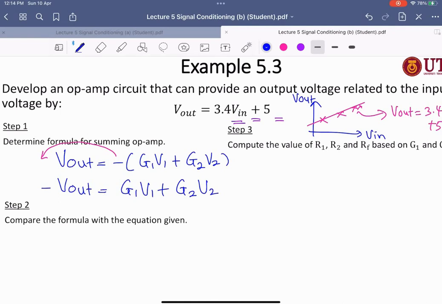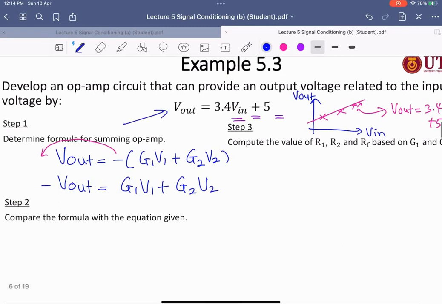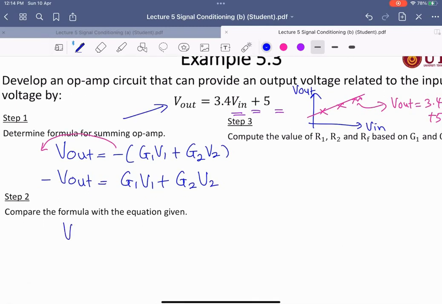After you bring that minus, it's time to compare with the equation shown here. This one is Vout = 3.4 Vin plus 5.